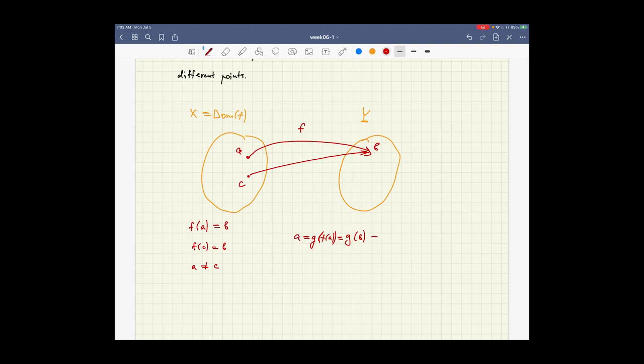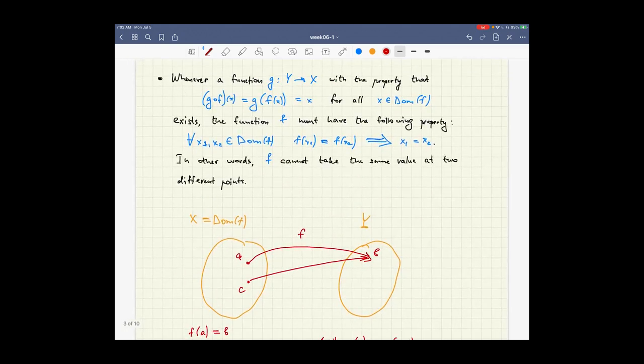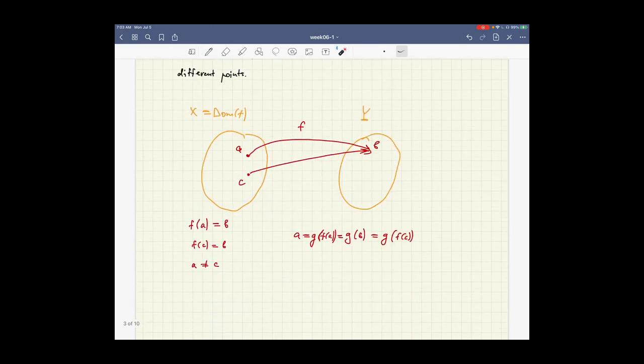On the other hand, I can write B as f at C. And by the same requirement, g of f of x must be x. We have that g at f at C must be C. And we come to a contradiction. We come to the conclusion that A equals C, but that's not true.